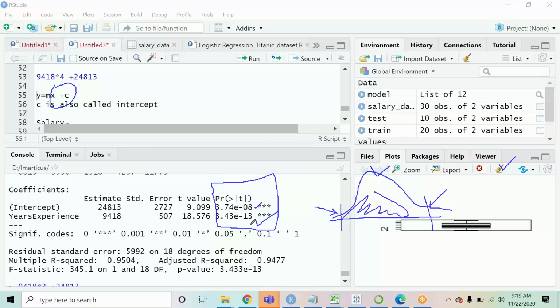So this value is less than 0.05. That means this value is lying in this area. Correct?